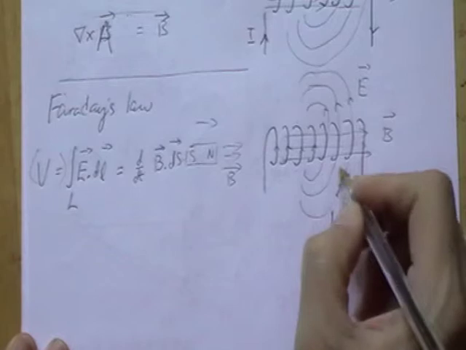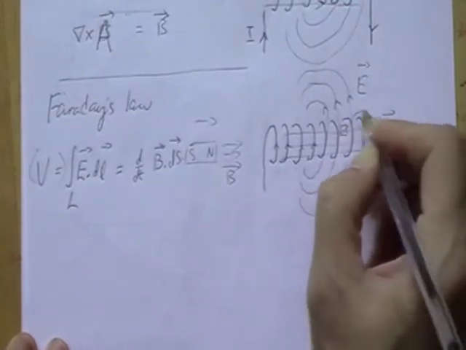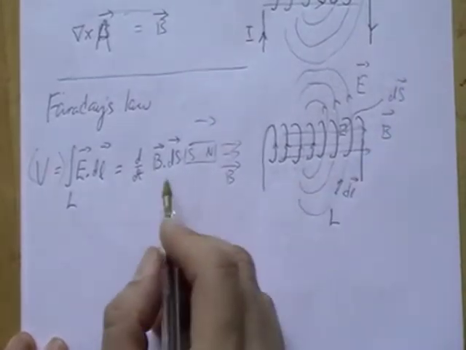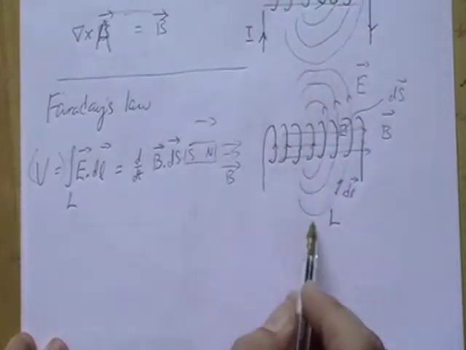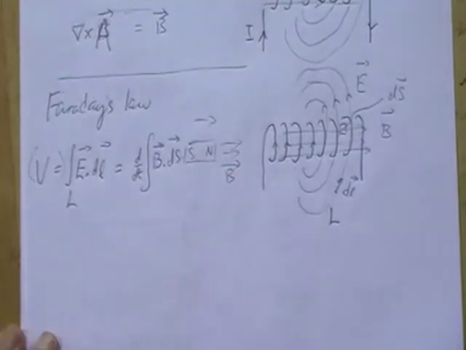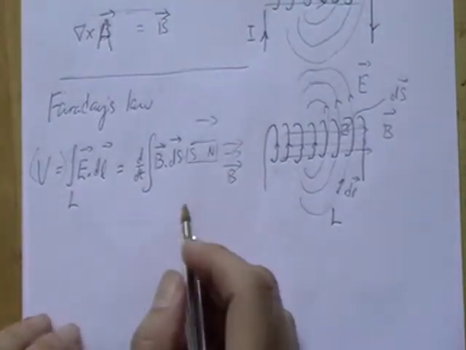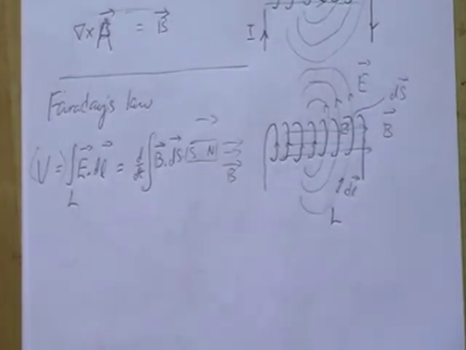So let me just imagine a little square here that could be an area element ds. It has to be integrated over the whole surface that is enclosed by this loop to get the total flux. So that's a statement of Faraday's law.